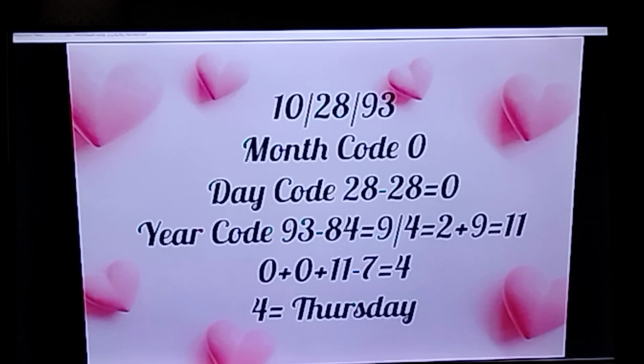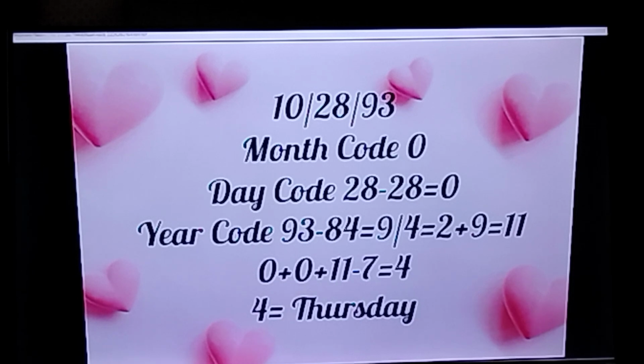You should know why we use 28. We take the year 93, subtract it from 84. Again, you should know why we subtract 84 from 93. We get a 9. We divide 4 into 9 and get a 2, and we add that back to 9 and get 11. Our equation is 0 for the month code, 0 for the day code, 11 for the year code, or you could subtract it from 7 to get a 4 for the year code.